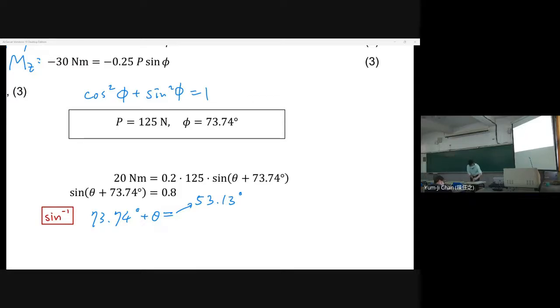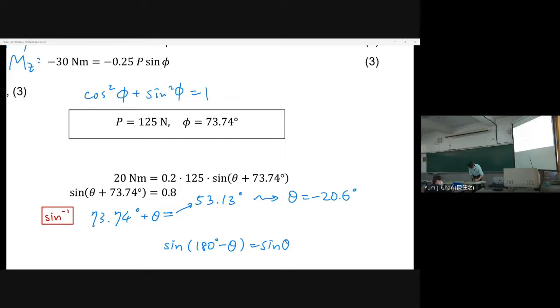But this one will give you beta as minus 20.6 degrees. So it may be okay, maybe not. But remember that sine of 180 degrees minus beta is equal to sine beta.